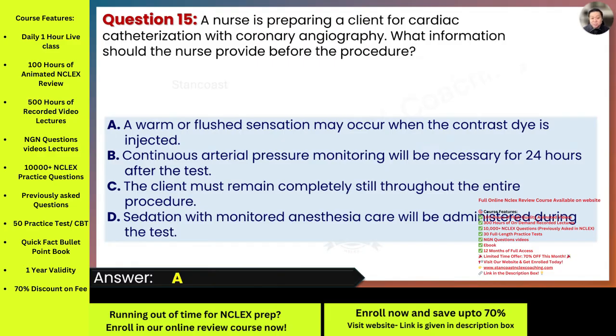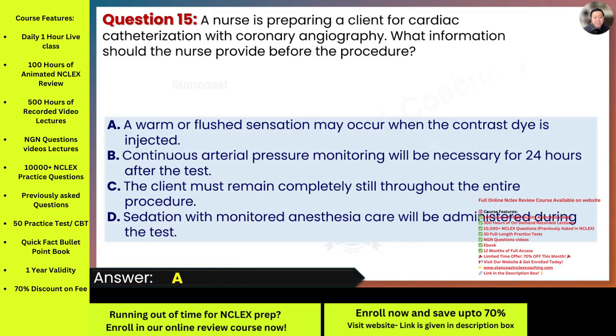While the client must remain still during the catheter insertion to prevent vessel injury, they are not required to stay completely immobile for the entire procedure, because the cardiologist may ask the client to cough, or to take deep breaths at certain points to help with the imaging and also to manage issues like transient bradycardia. And clients in this type of procedure are typically awake and also responsive during the procedure unless there is some form of sedation given.